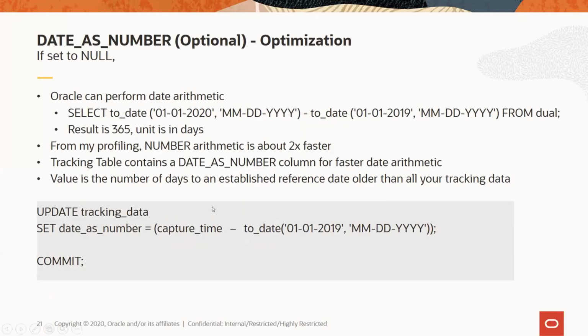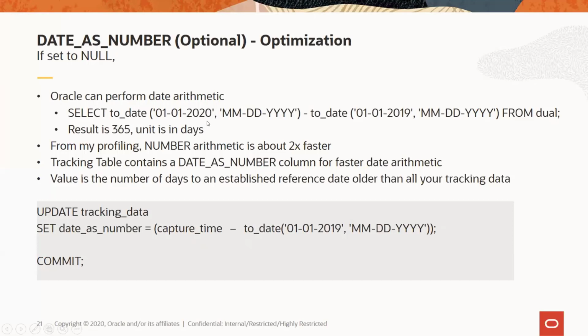So there's another optimization that I incorporated into the API. Oracle has a really neat thing to be able to do date arithmetic. For example, if you have two dates, January 1st of 2020 and January 1st of 2019, I can subtract those and it returns the answer in days, so 365 days.